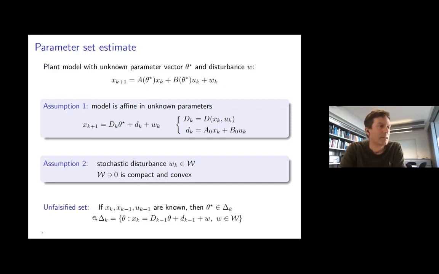Set-based parameter estimation methods are derived from an unfalsified set of parameters. So suppose for the moment we can measure the system states. At time k, based on the current state and the previous state and the previous control input, we can define a set for the parameters which is unfalsified, in the sense that if the theta parameter doesn't belong to the set, then we know that it can't satisfy this system model.